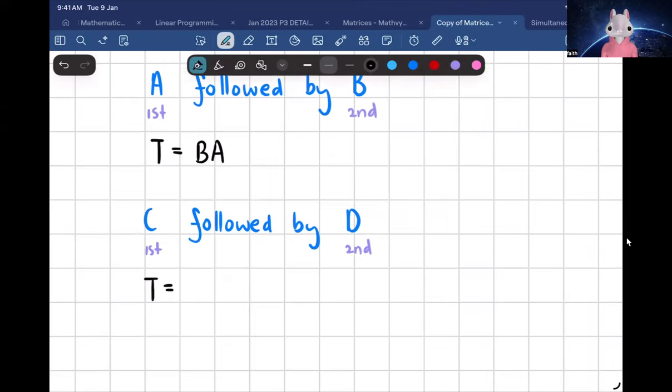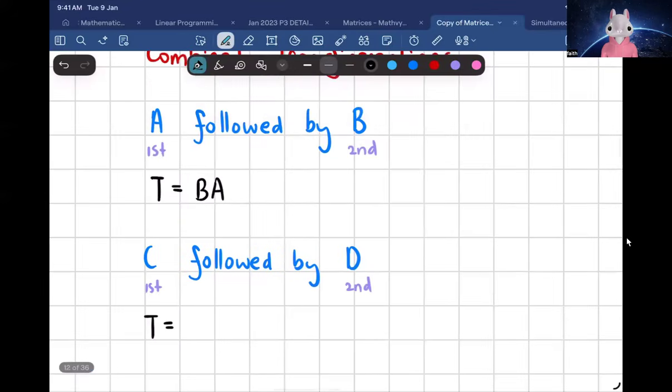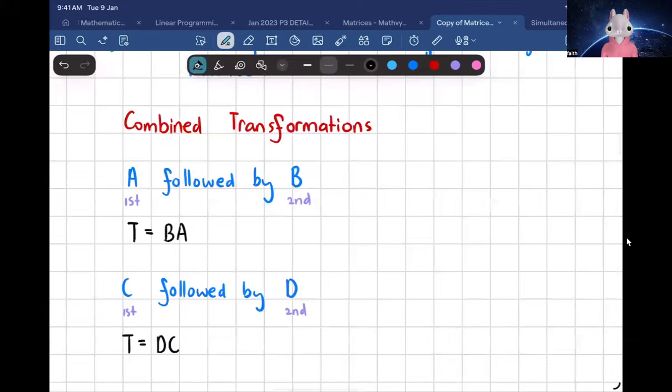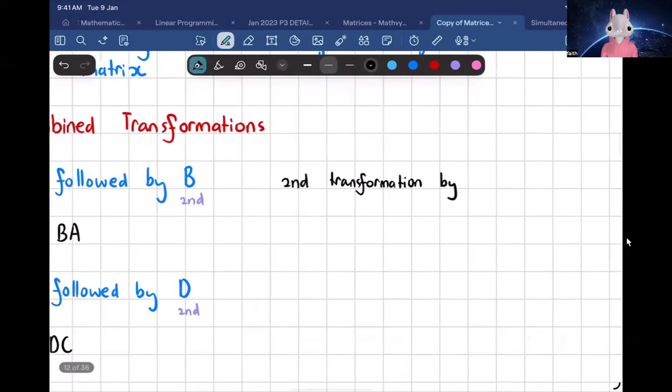The order matters, to be very specific. T equals DC. Exactly. It's always second by first: the second transformation by the first transformation.